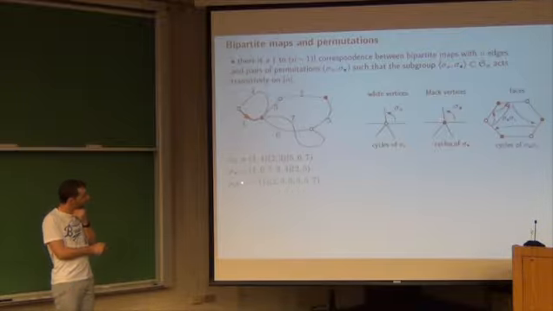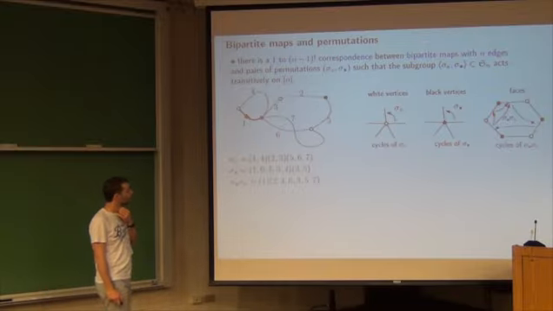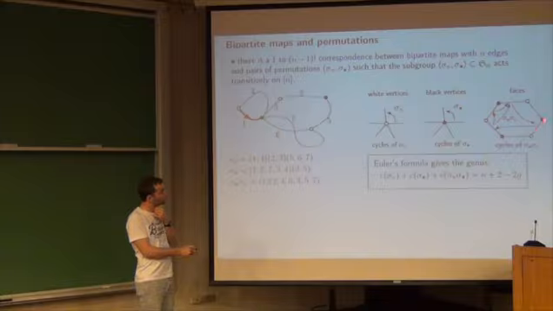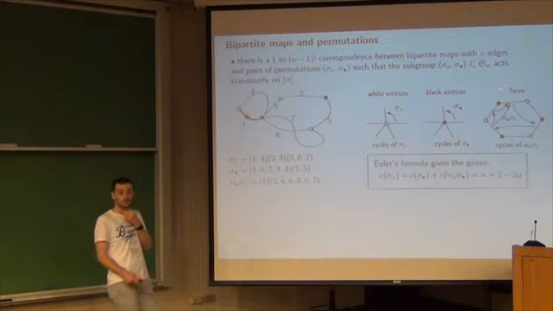If you do that, you observe that the product sigma black, sigma white, so you turn once around the black vertex, then once around the white one, if you iterate this, you actually see the faces of your map. So if you know these two permutations, you have control of the white vertices, the black vertices, the faces, and also the genus because of Euler's relation.